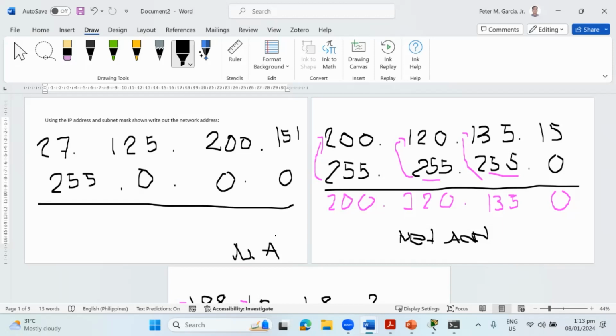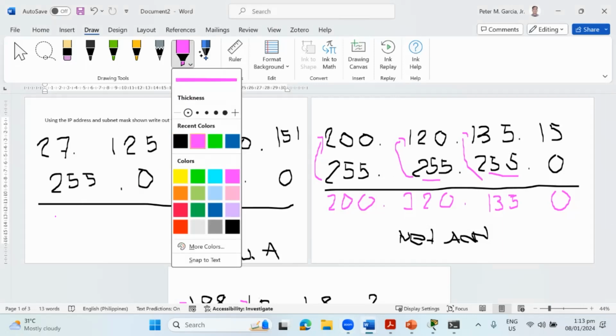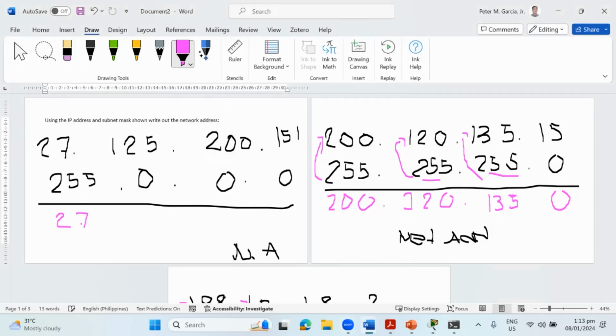Kapag 0, 0. So the network address ay 127.0.0.0.